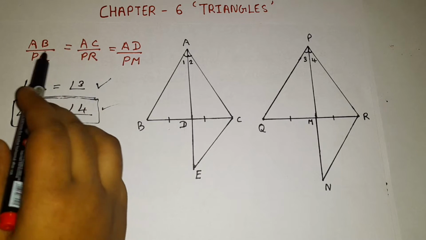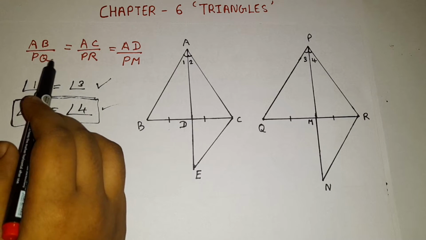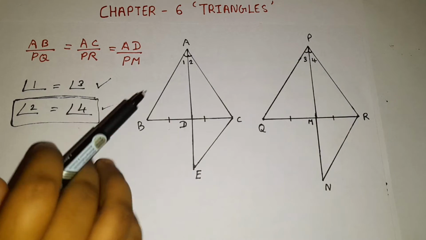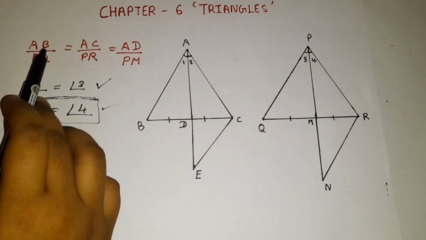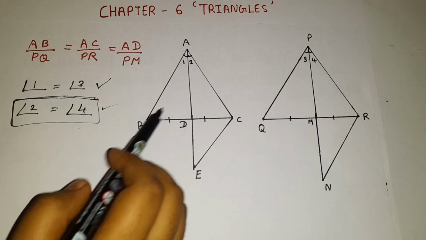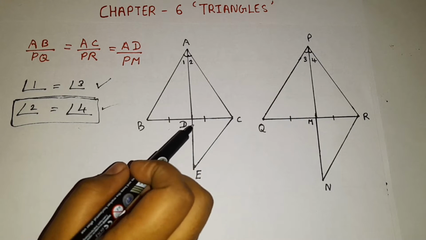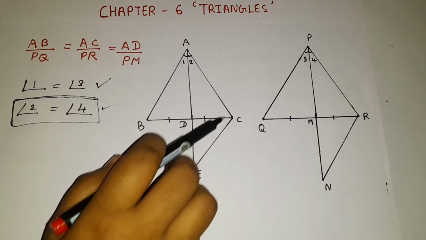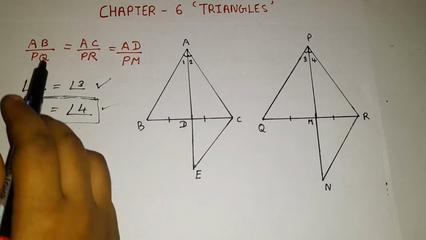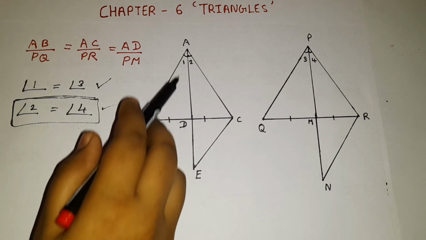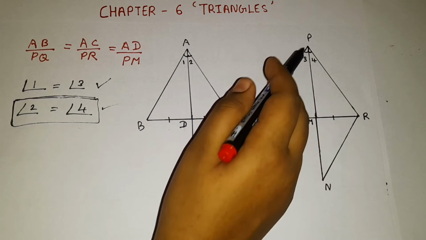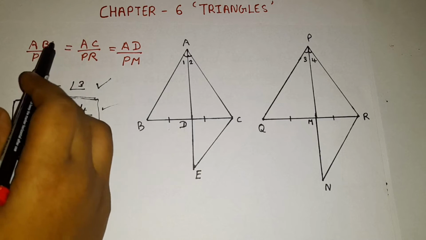So here I have AB by PQ. AB is here, PQ is here. Since I'm going to be proving triangles AEC and PNR are similar, I don't have AB in this triangle. AB is somewhat far. Here also I don't have PQ in this triangle. PQ is somewhere else. So I can't use this one.